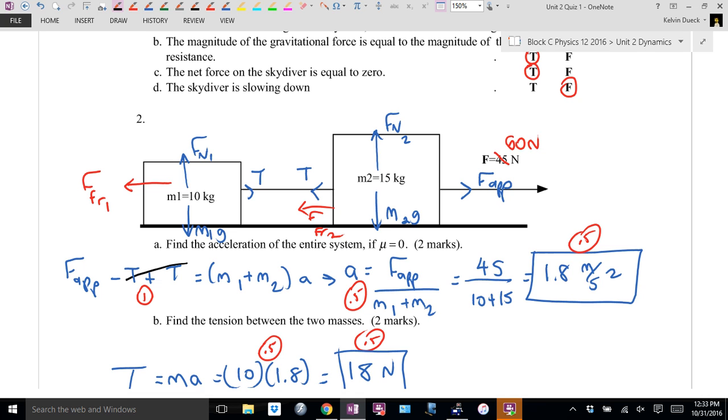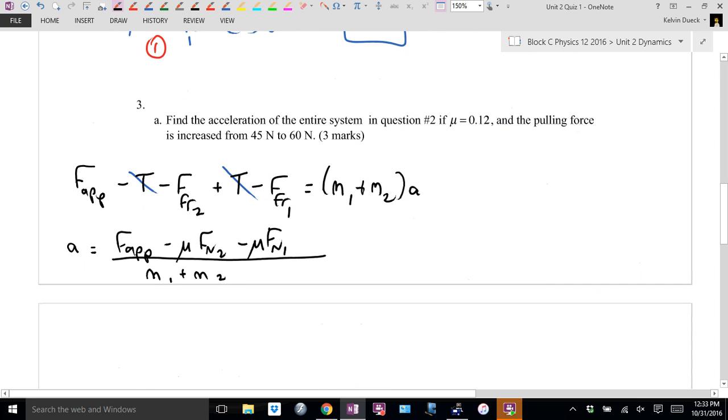As of today, most of the time, mg is not going to be equal to the normal force. As soon as we start going on a slant, which is going to be today's lesson, don't you dare assume that the normal force is mg. It'll be something else, and you'll have to do some thinking. But for now, we are able to say that this equals m2g and that equals m1g.